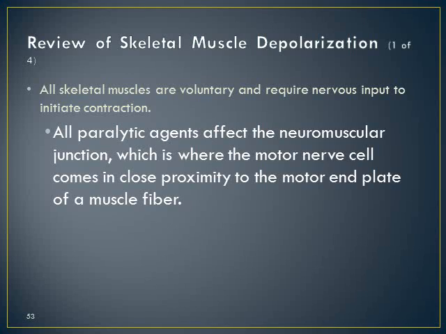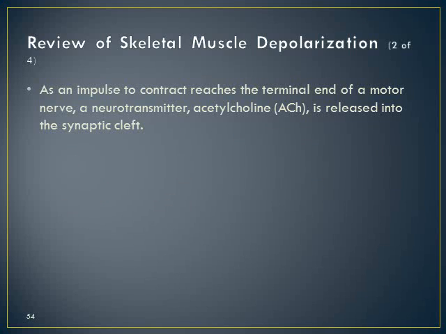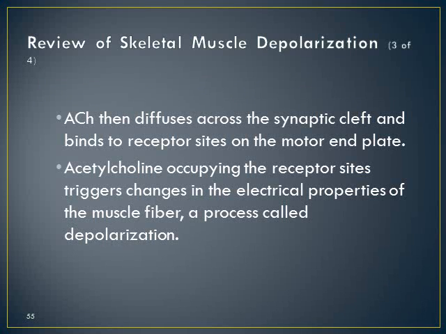So all paralytic agents affect the neuromuscular junction, which is where the motor nerve cell comes in close proximity to the motor end plate of a muscle fiber. So again, it's going to affect the motor nerves. As an impulse to contract reaches the terminal end of the motor nerve, a neurotransmitter, acetylcholine, is released into the synaptic cleft.